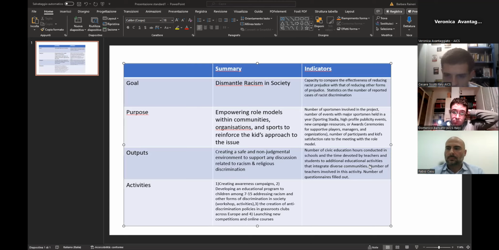Okay, I didn't think about the civic education in schools, which brings the problem to another level, not only the sport field, but also school.